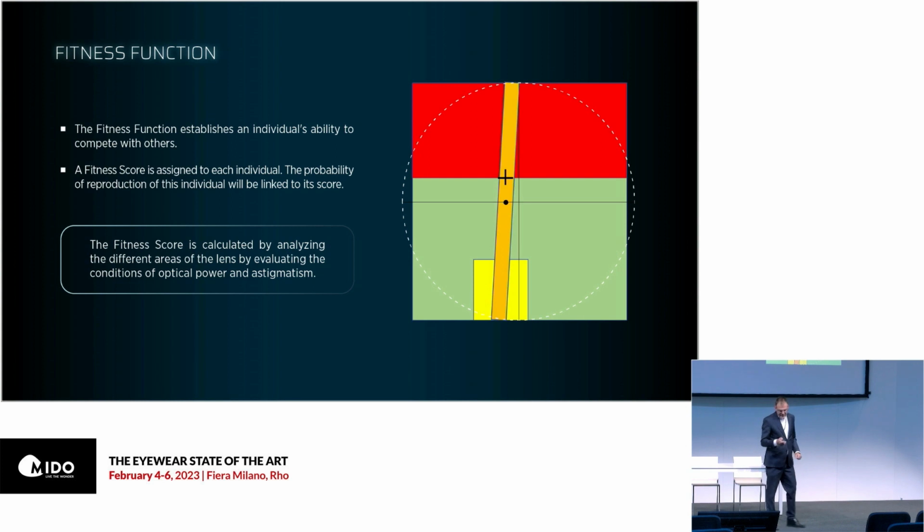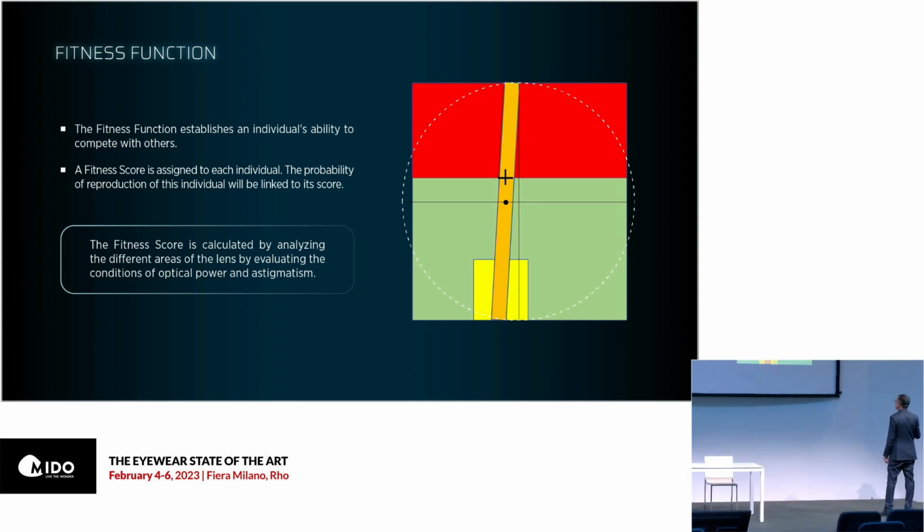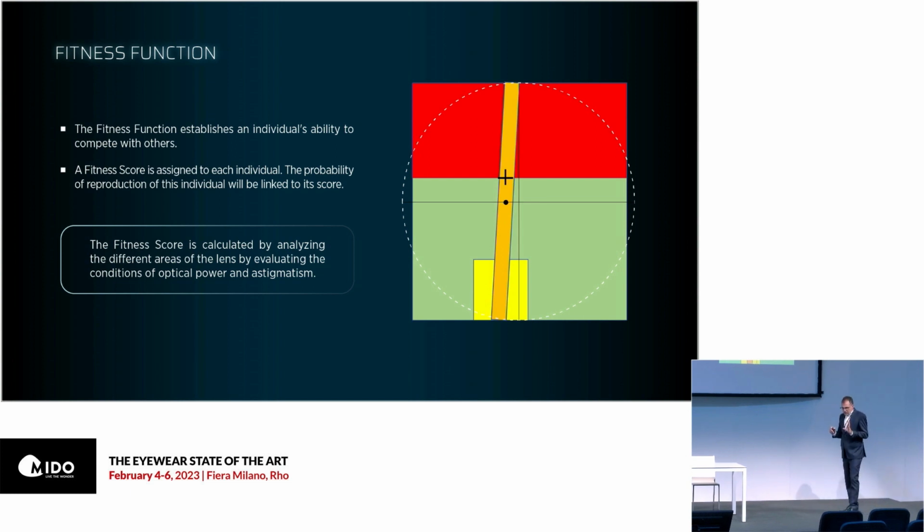It takes into account different areas of the lens: far vision, the corridor, near vision, and here the periphery. This approach is interesting because at the beginning we have alpha and beta functions that need to be modified by the designer, and they have thousands of elements in total.